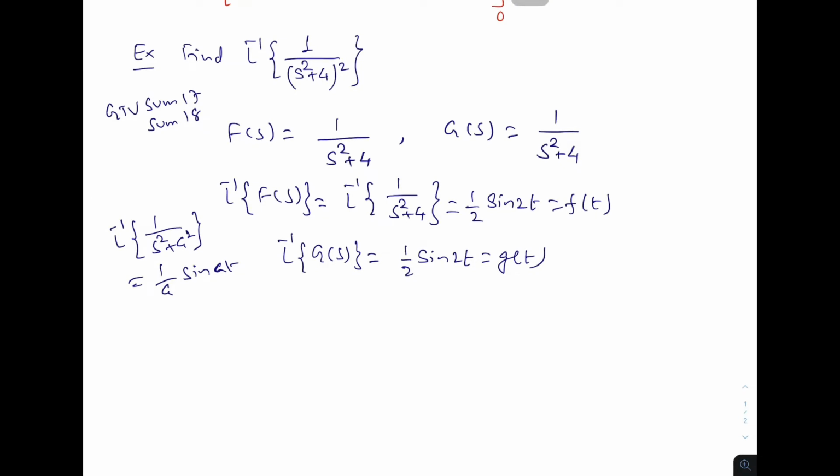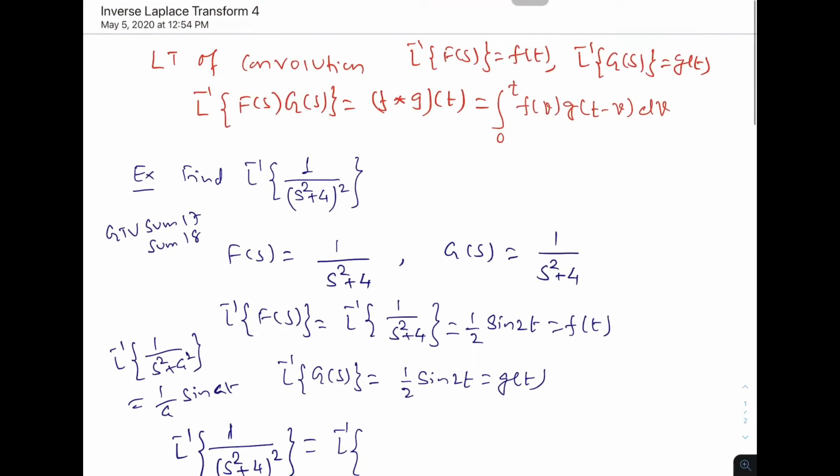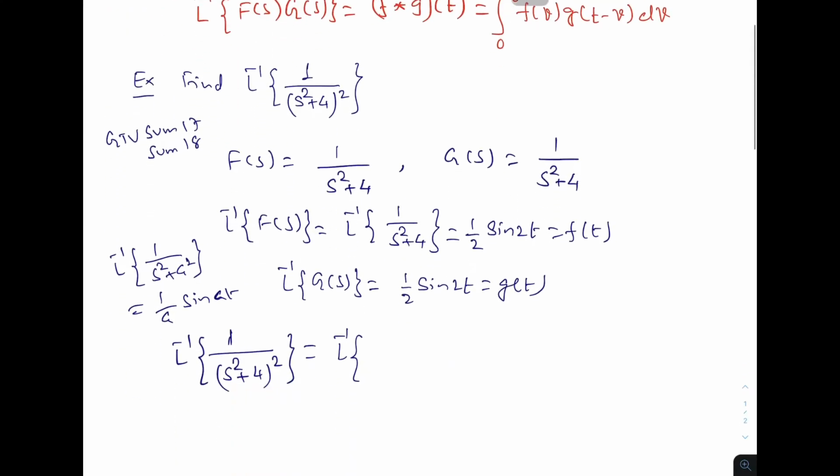Now the inverse Laplace transform of 1 over (s square plus 4) whole square is the inverse Laplace transform of F(s) times G(s).